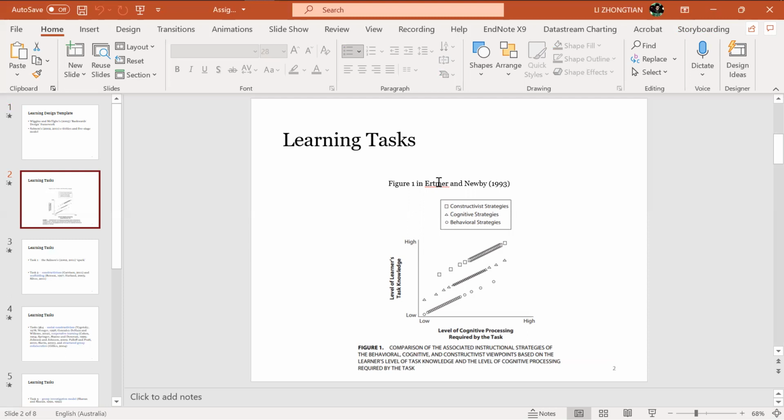Thus, a desired level of cognitive processing required would be medium to high. According to Figure 1 in Hannafin and Newby 1993, my learning activity needs to use constructivist strategies that better facilitate learning. Accordingly, my learning activity has 4 smaller learning tasks.